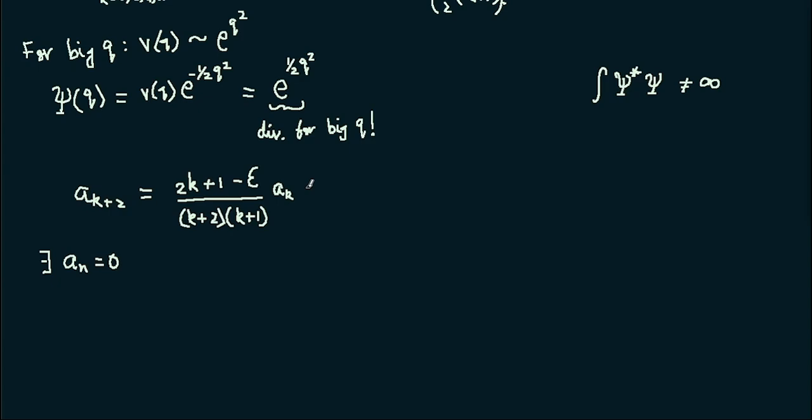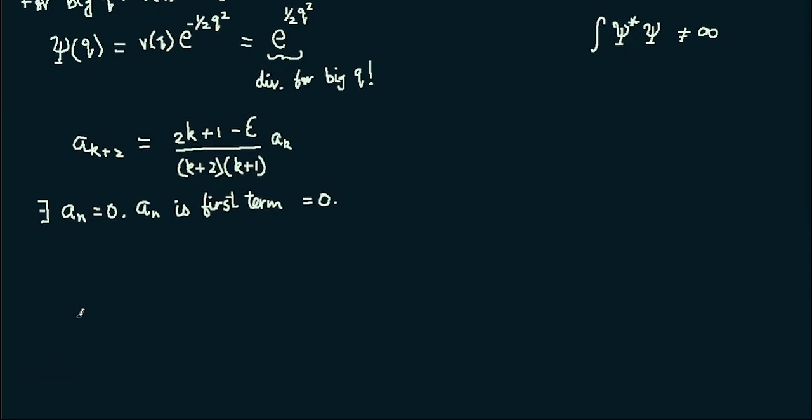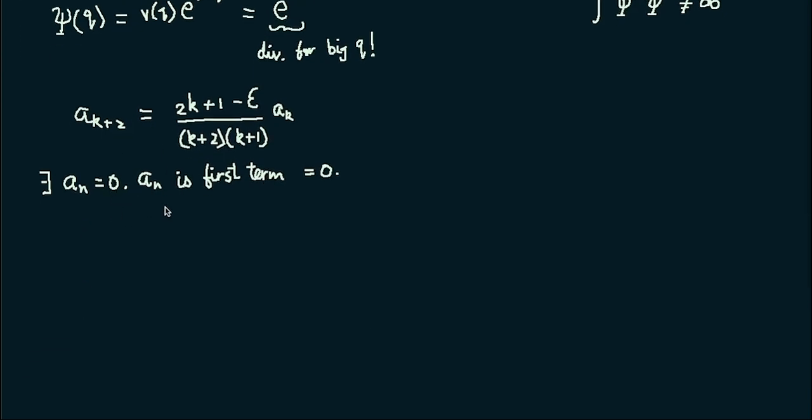Okay, let's think about what this tells us. Suppose that a_{n+2} is the first term which is equal to 0.